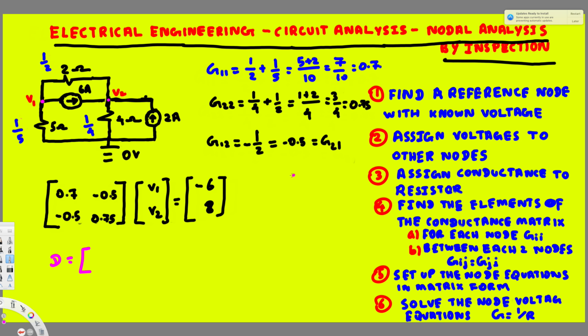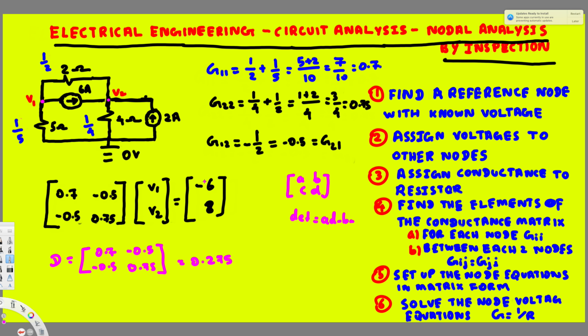If you remember, ABCD is the pattern, and AD minus BC is the determinant. Now let's arrange them. We have 0.7, minus 0.5, minus 0.5, 0.75, and if you do AD minus BC, we will get 0.275. So that's going to be our main determinant.